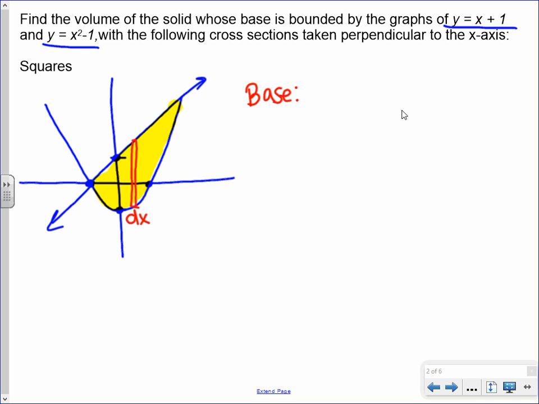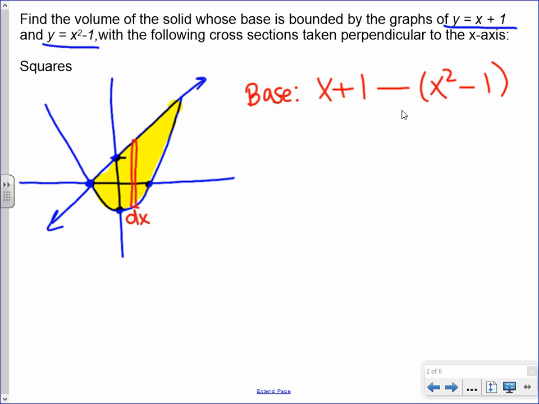Well, the function, right? The top of our rectangle sits at x plus 1 minus the bottom of our rectangle sits at x squared minus 1. Too hard. Okay? Any rectangle that we draw in that region is going to have length top minus bottom.